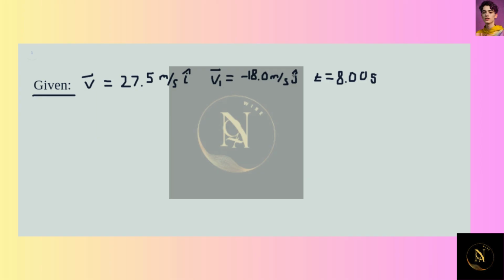South is the minus J hat direction, so that's minus 18 meters per second J hat direction. Then V2, the second velocity, is 27.5 meters per second due east, which I call the positive I hat direction. So 27.5 meters per second, the I hat direction. And then T is 8.00 seconds.